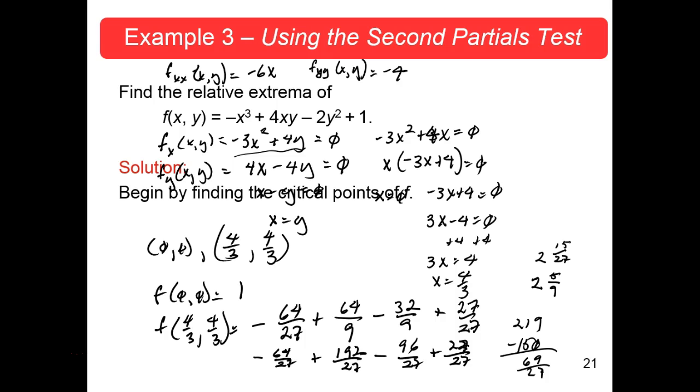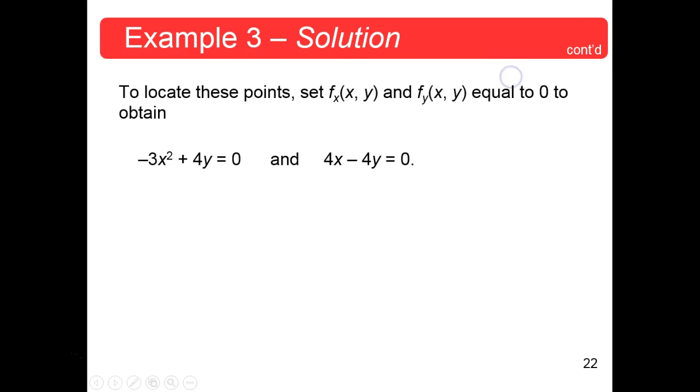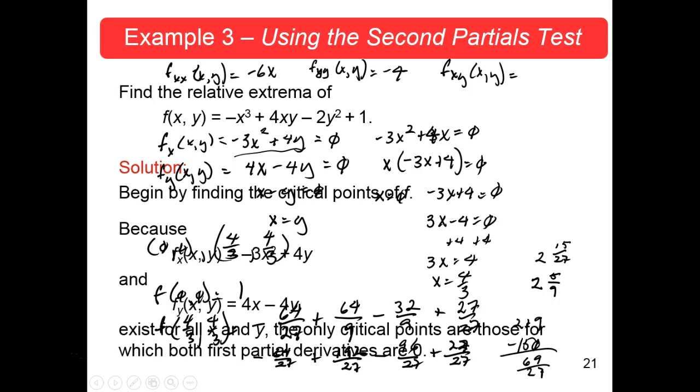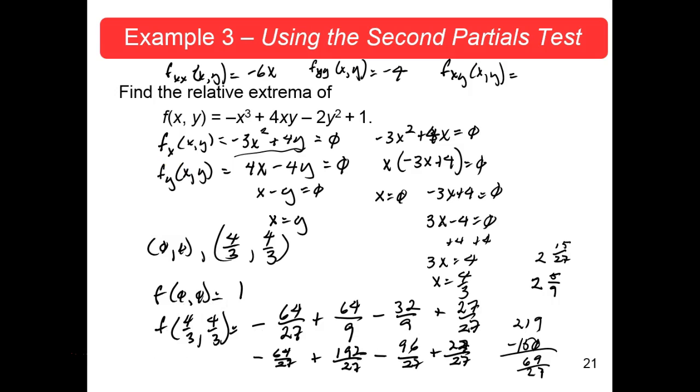And we'll need to do our cross mixed partial, f sub xy at xy. Now, we should get the same thing both ways. That's a good check. So first let's do f sub xy, which takes the partial of this with respect to y.